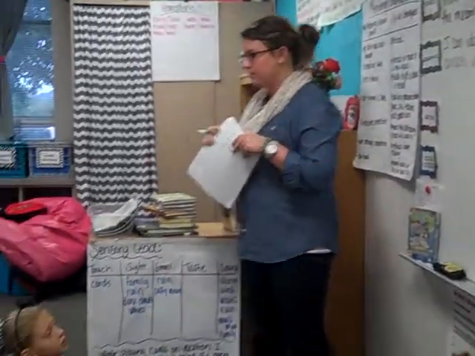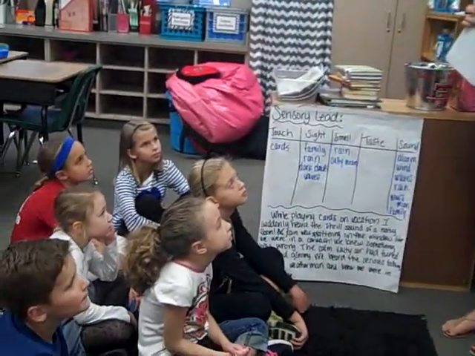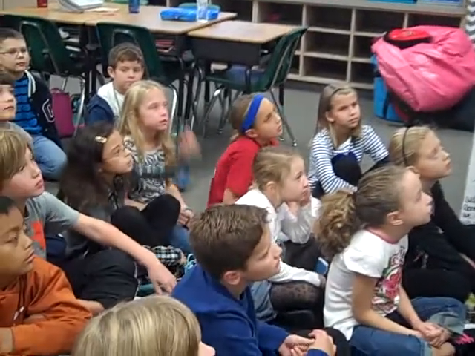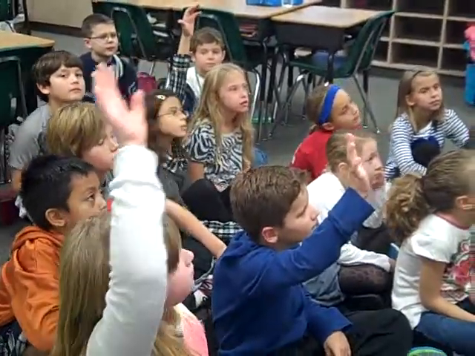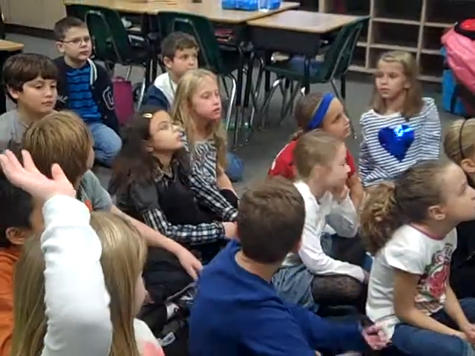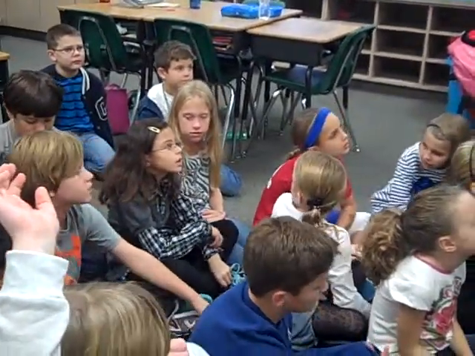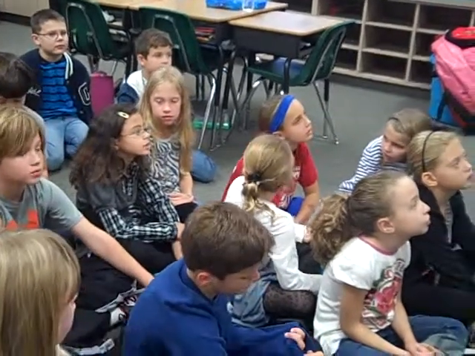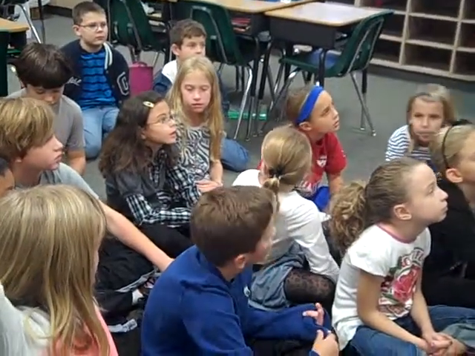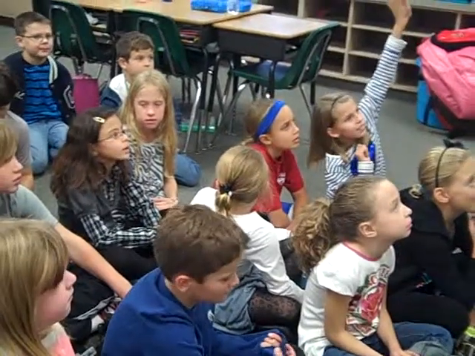So why is it important to use our strategies to find an unfamiliar word? Milan? So you would know what it means, so when you go across it again, you could just go with the flow, and not get stuck again.